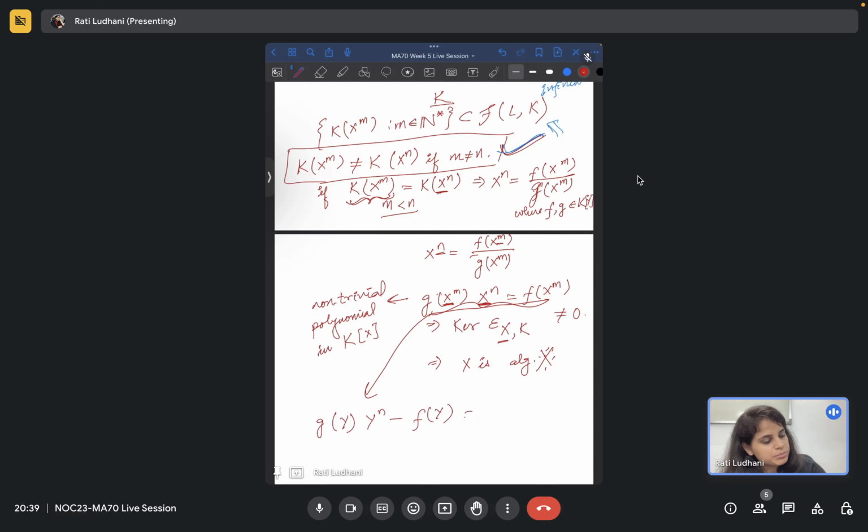This will be some polynomial which will be non-zero. Exactly, this polynomial is non-zero, so the kernel is non-trivial, and when you put x it will become 0. So x has to be algebraic, but that cannot be true. That you can give as an explanation. So k(x^m) can never be equal to k(x^n).